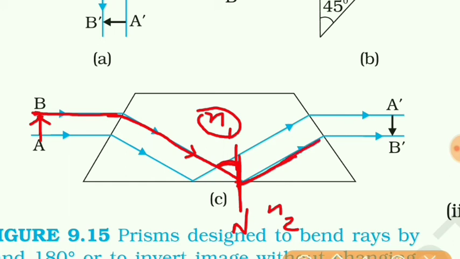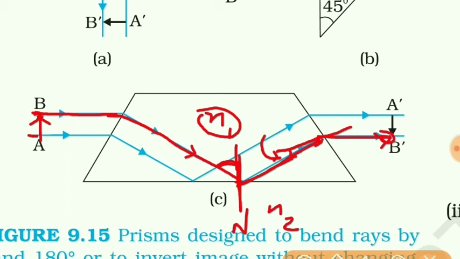Then it strikes here, and at this point this is the normal. In that case, the angle made is less than the critical angle, so now total internal reflection does not take place, the ray will emerge out, and so the image of point B is formed here.